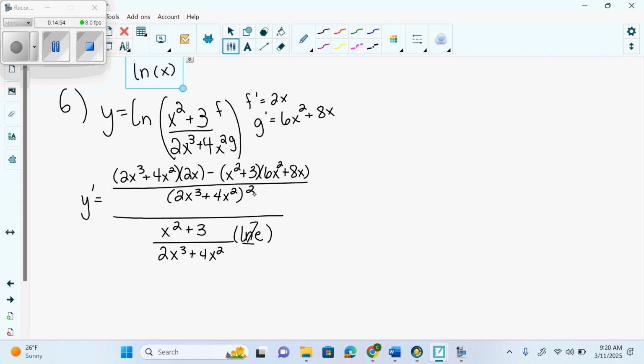Okay, you can do this because f prime and g prime are not chain rules, right? If f prime and g prime are chain rules, then you know that you're going to GCF stuff out right away, because chain rules will always have the same thing, correct? Our f prime and g prime don't have chain rules, and I didn't reduce that g prime to 2x times 3x plus 4.